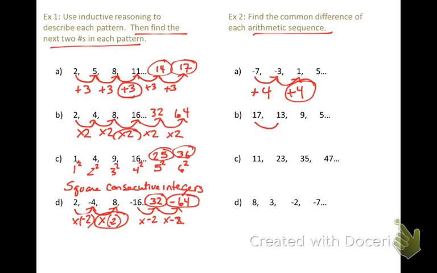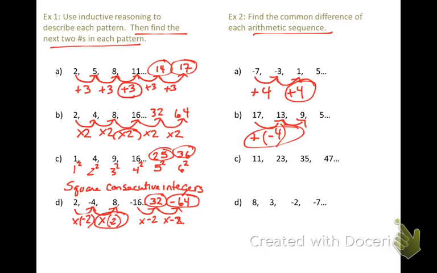So 17 to 13. I'm guessing it's negative because it's going down, plus negative 4. 13 plus negative 4 is 9. 5 plus negative 4 is, okay, so there's your answer to that one.